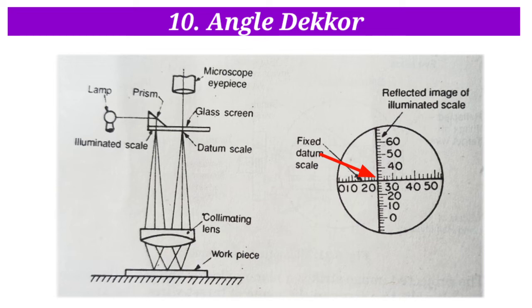Thus, the changes in angular position of the reflector in two planes are indicated by change in the point of intersection of the two scales. Readings from the scale are read directly to 1 minute without the use of a micrometer.